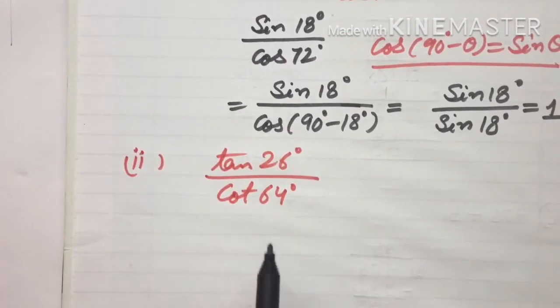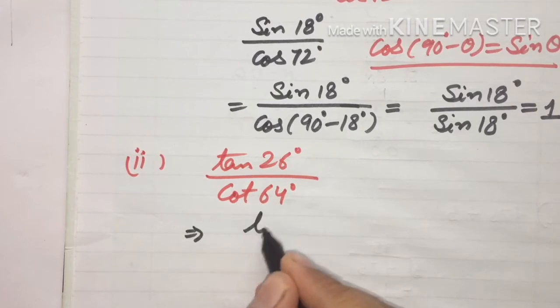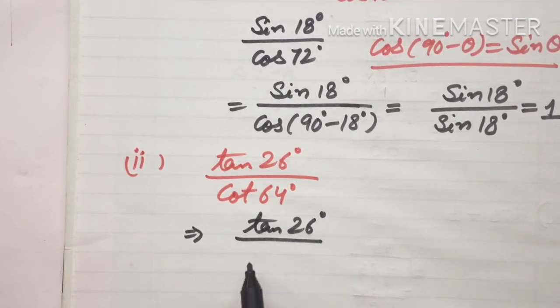The second part is tan 26 degree upon cot 64 degree. So we can write tan 26 degree in the numerator and cot 64 degree in the denominator.